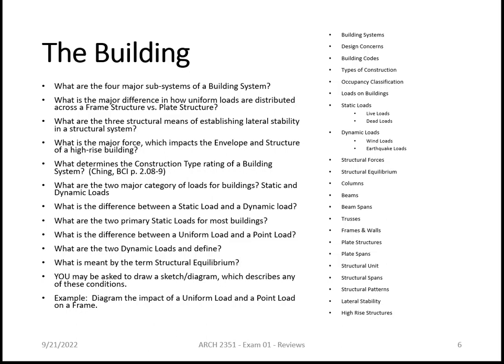This hierarchy exists in every building. If you get a feel for that, then I think you'll start to better understand how buildings are built and how they're put together, because they're very hierarchical in nature.